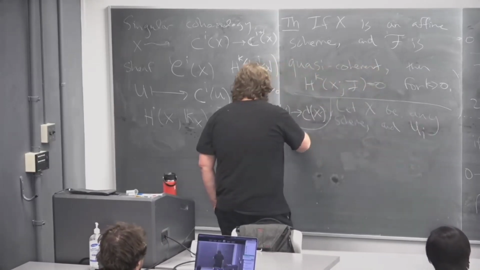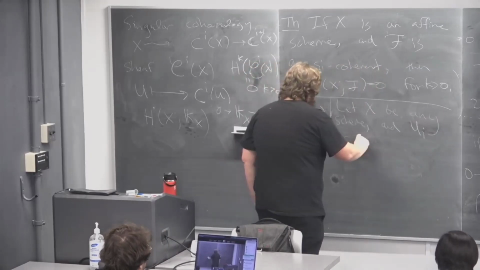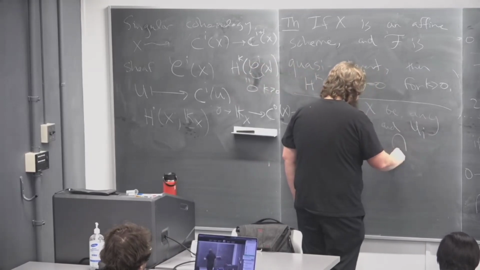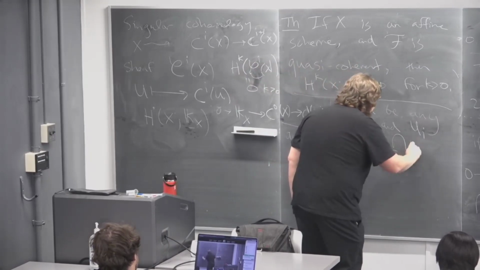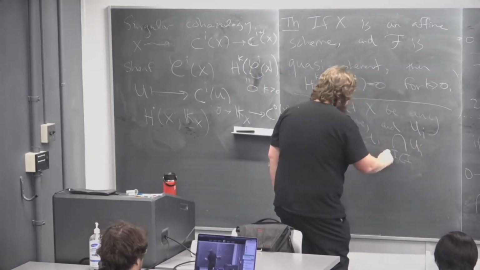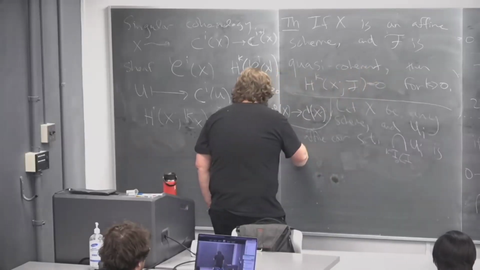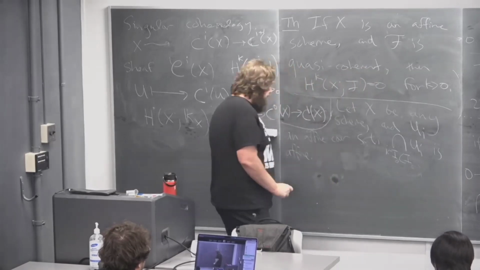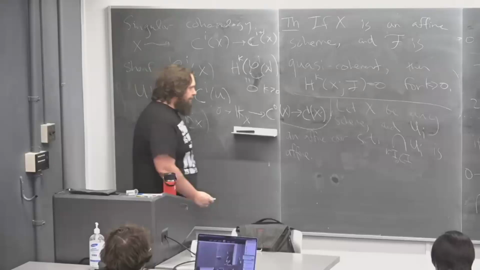Take an open cover U_i such that the intersection of an arbitrary subset of the U_i is affine. I'll just mention this is automatic if X is separated.